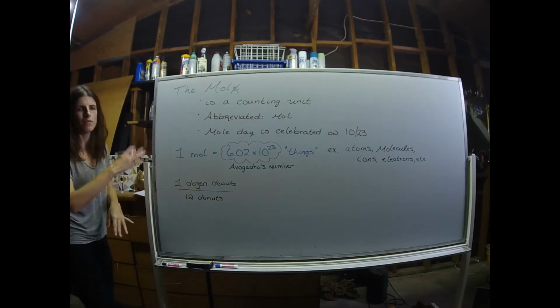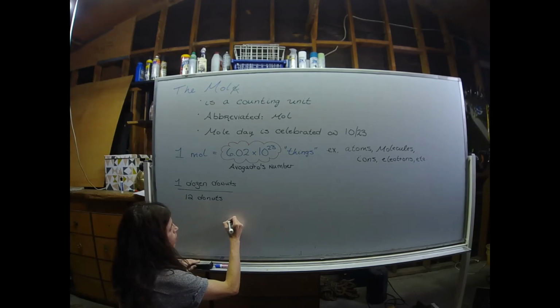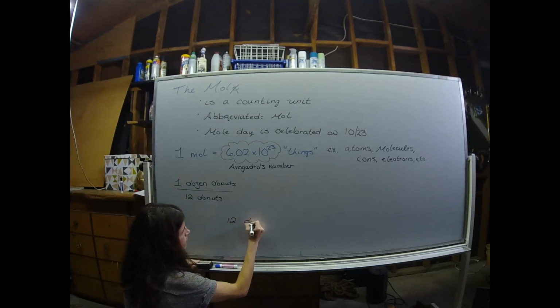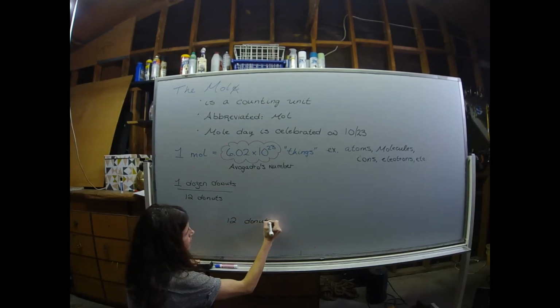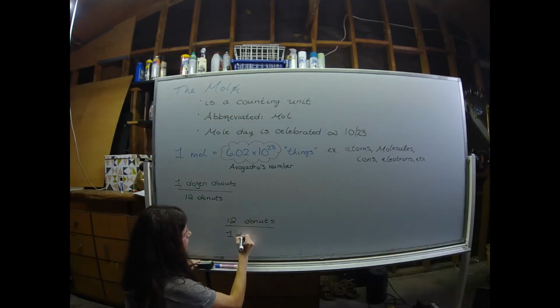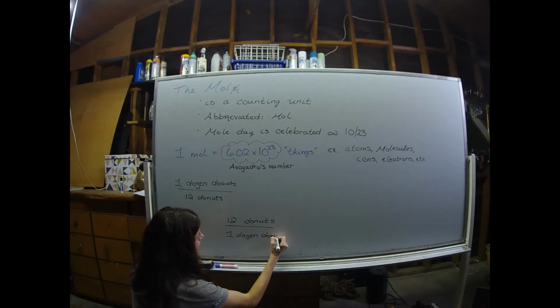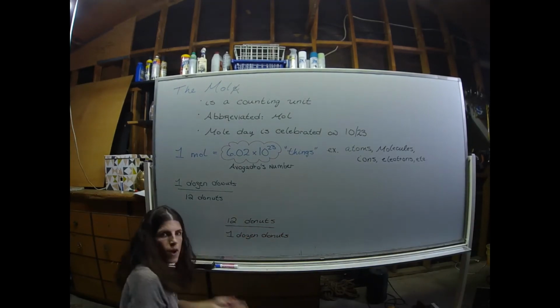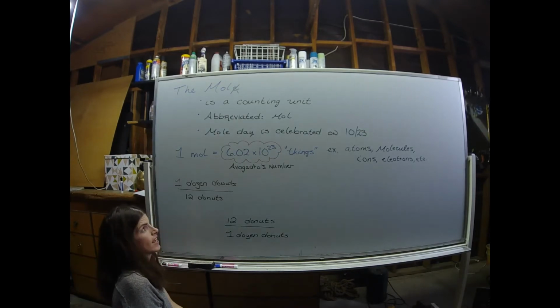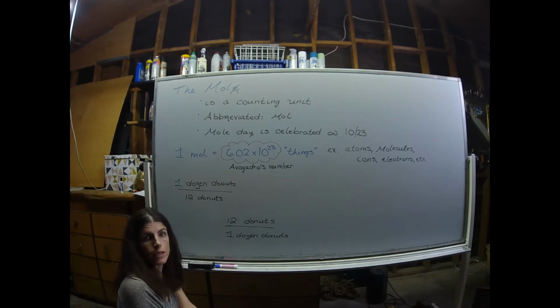We can flip this conversion factor, right? We could say 12 donuts in 1 dozen donuts. So what's a counting unit? It's just a defined value that maybe makes our life a little bit easier.